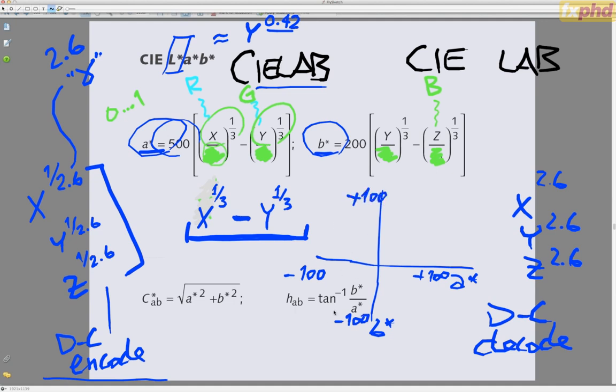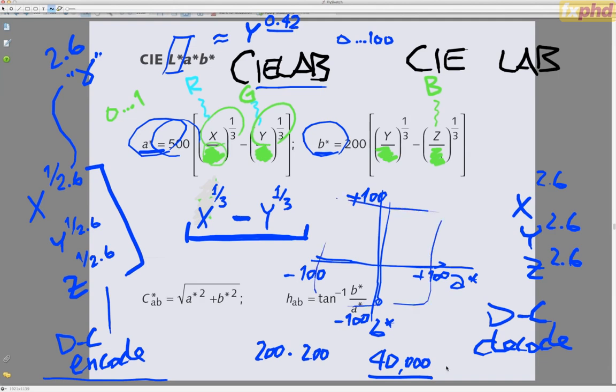So you can think, well, okay, then if there's 200 by 200, that should say that at every luminance level, there's 40,000 colors. And if L star is represented 0 to 100, that means that there's 40,000 colors at each level.